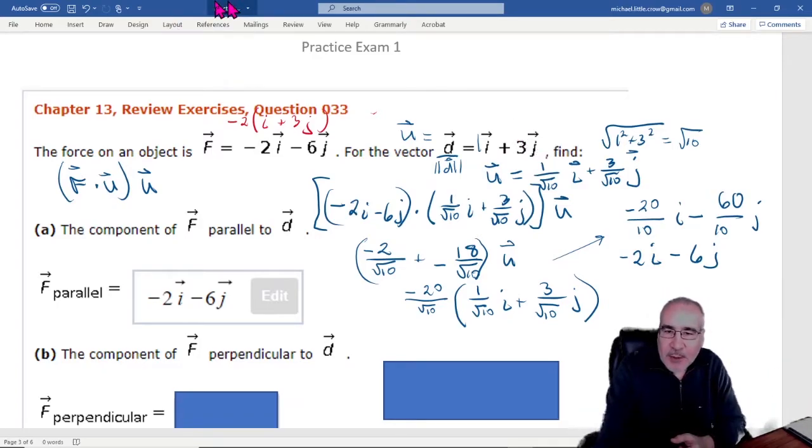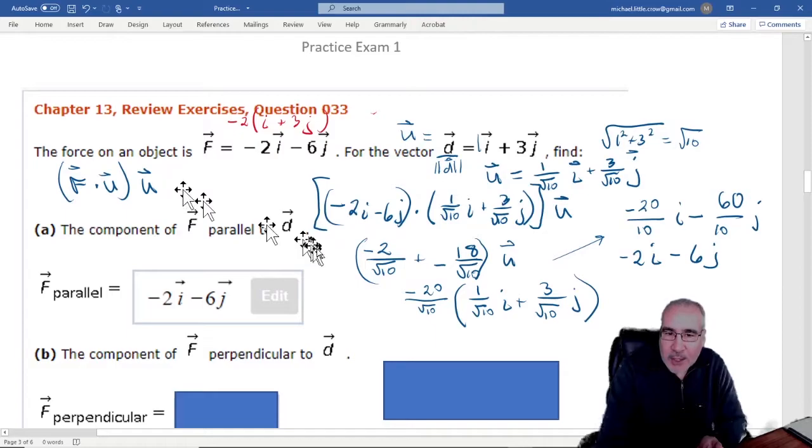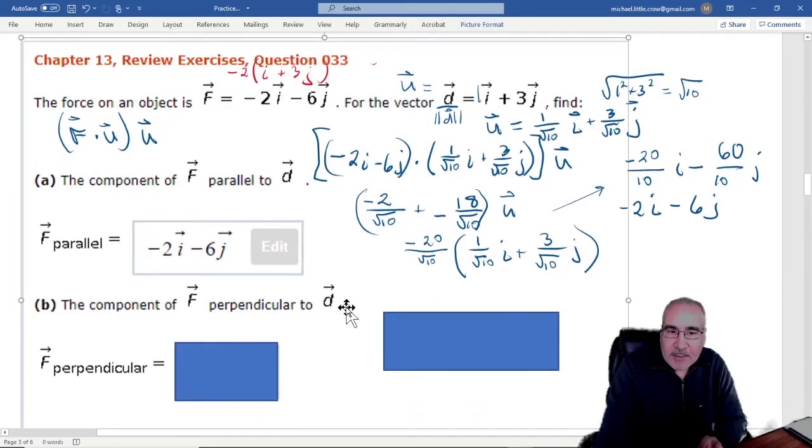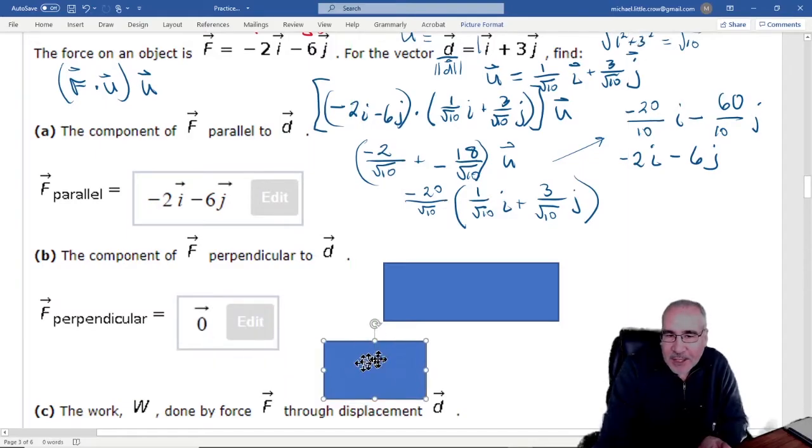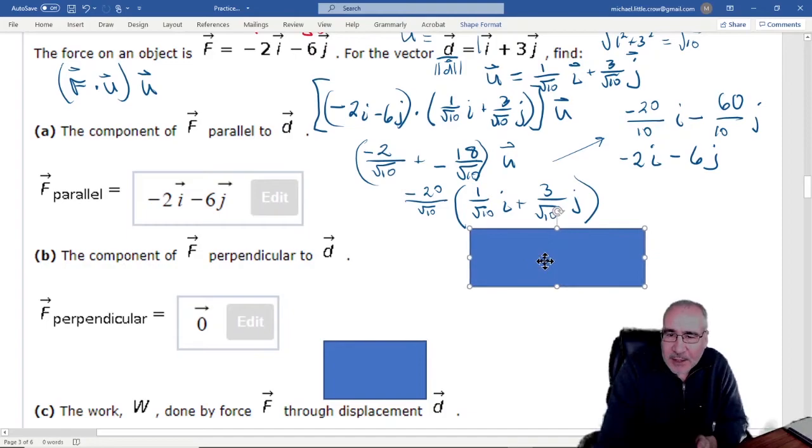The cool part is once you recognize that these are parallel vectors, and you might not have recognized it till here, remember to get the component that is perpendicular, we just subtract this from here. And if you subtract a vector from itself, you always get 0, right? You're always going to get 0. I guess I could show that, but if your parallel part is the same, you subtract these two, you'll get the 0 vector. So I'll let you take a look at that.